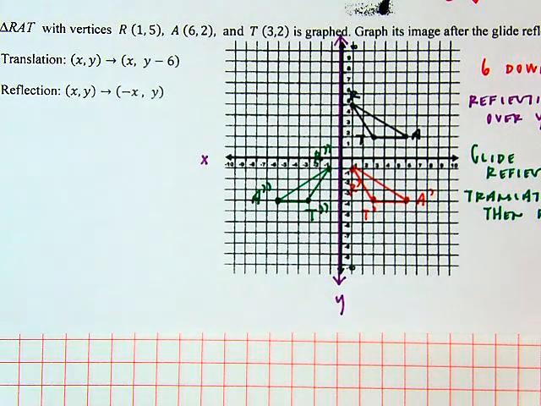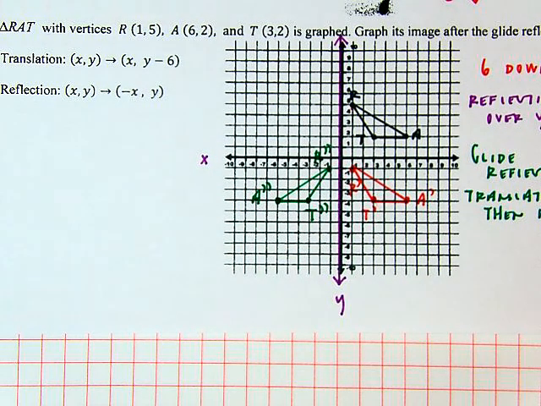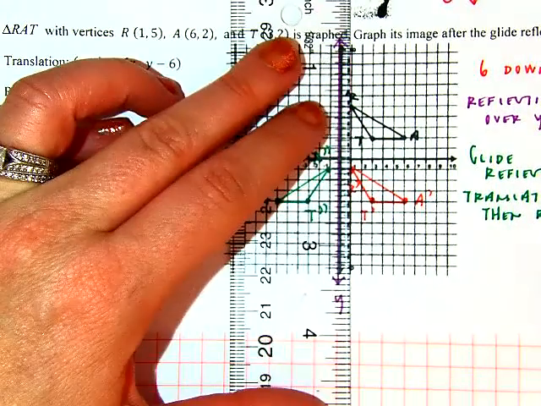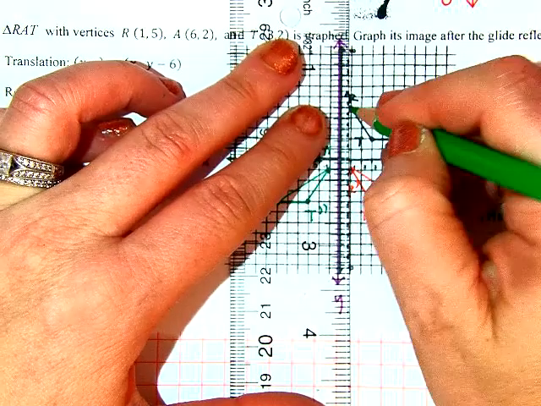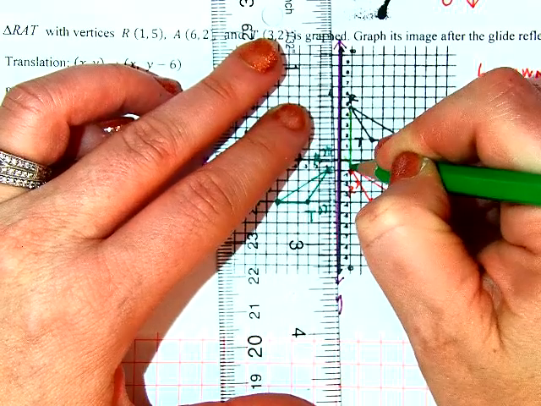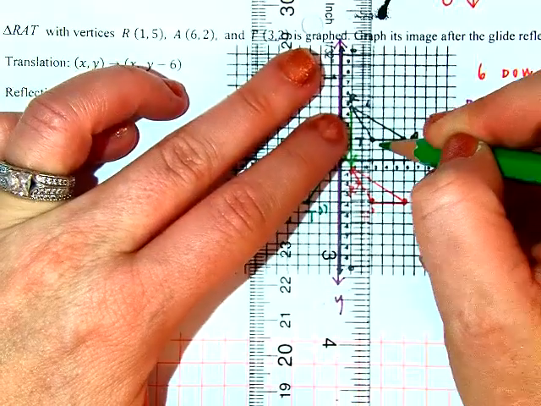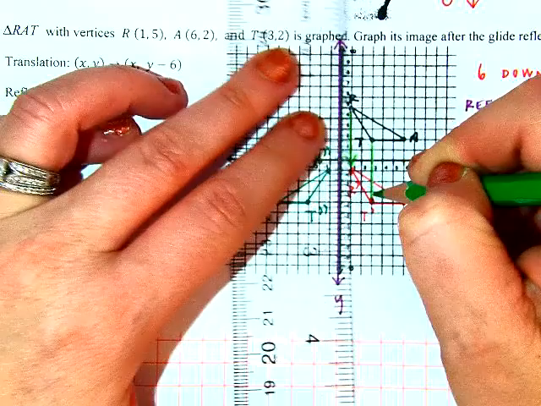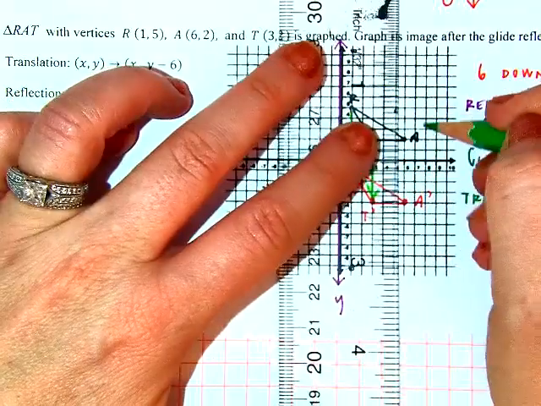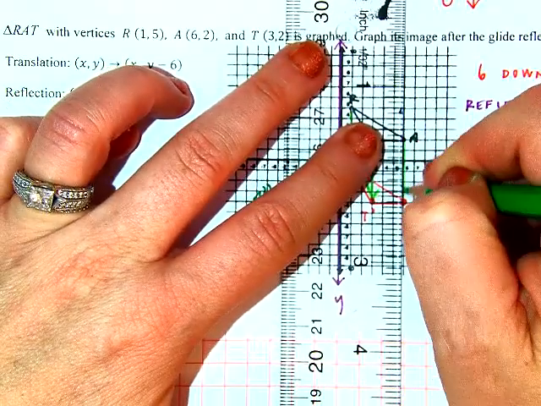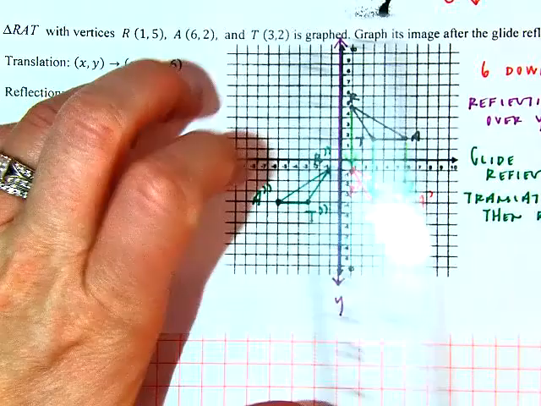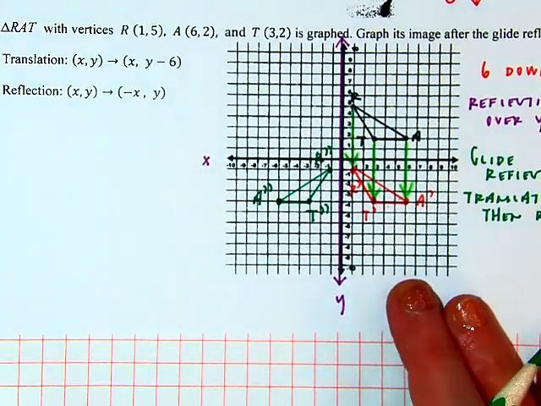And then I'm also looking for, is the translation pathway parallel to the mirror line? So let's say that I draw in all of those vectors from my original pre-image to that first image. If I draw in R to R prime, T to T prime, and A to A prime. And let me zoom out a smidge so you can see everything that I'm writing.